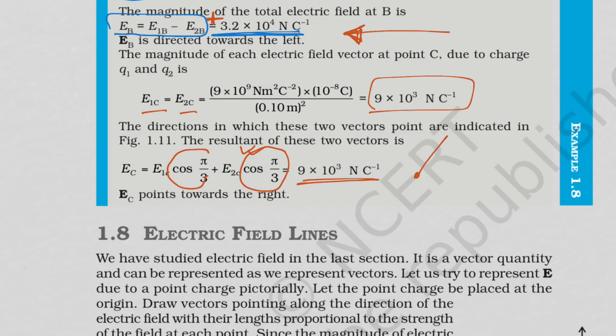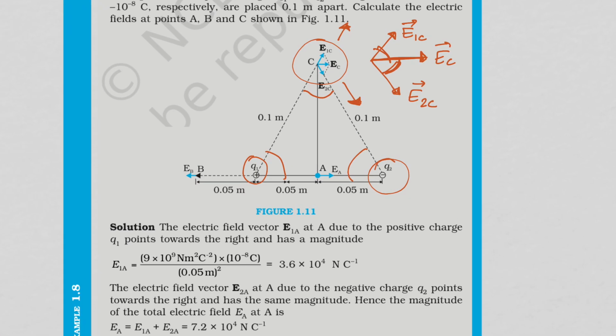So we had this E1 and this E2. We want to project E1 on the horizontal line, and to do that we multiply it by cos pi by 3. Why pi by 3? Because this is an equilateral triangle, so all the angles are pi by 3, that is 60 degrees.